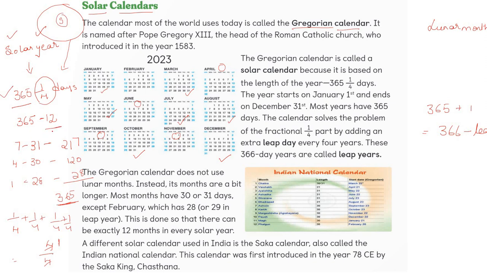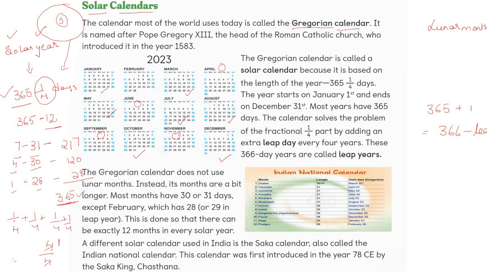How did they divide the 365 days? Into 12 months. Among the 12 months, 7 months have 31 days, 4 months have 30 days, 1 month has 28 days. Total 365 days. What happened to the 1/4 day?